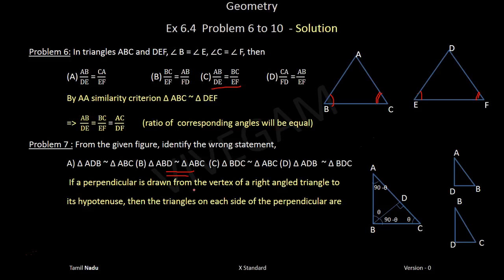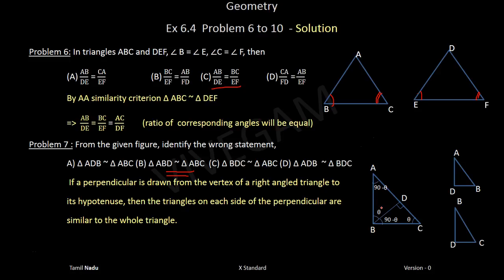If a perpendicular is drawn from the vertex of the right angle of a right triangle to the hypotenuse, then the triangles on each side of the perpendicular are similar to the whole triangle and to each other. This is our theorem. Whenever we draw a perpendicular, you get three triangles: triangle ABC, then ABD, then BDC. This triangle is similar to this triangle, and these two triangles are similar to the bigger triangle.